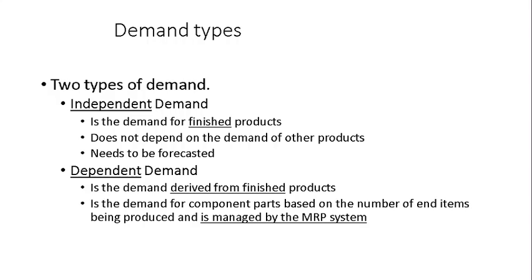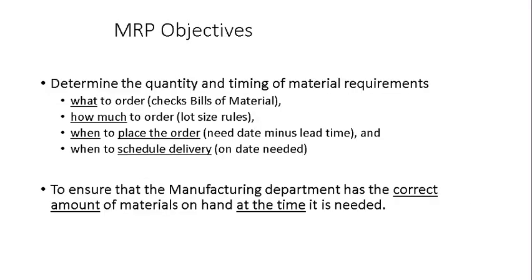So, for example, if we know that we have to produce 1,000 items of a specific product, then the dependent demand is the requirement for the components in order to produce that batch of finished products. So dependent demand is the one that is managed by the MRP system.